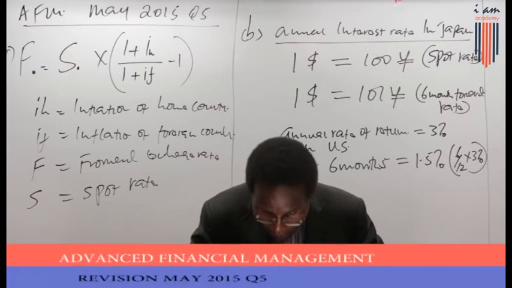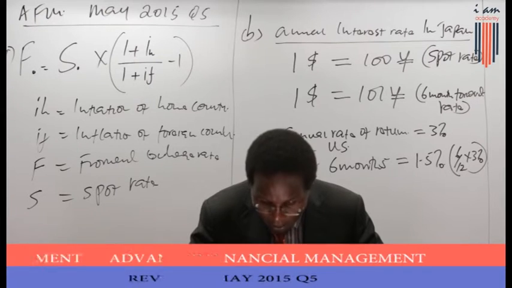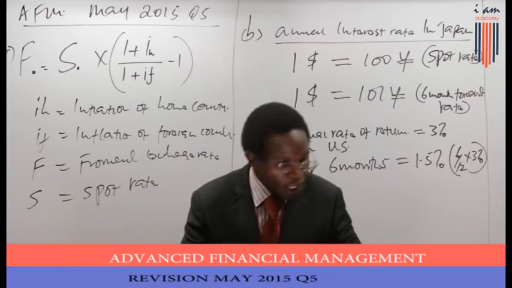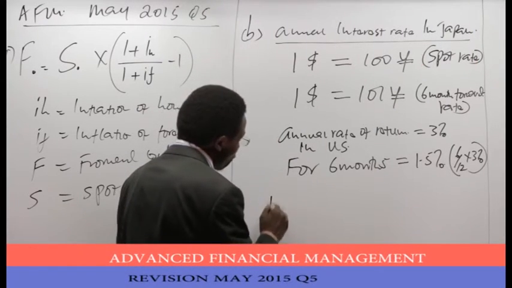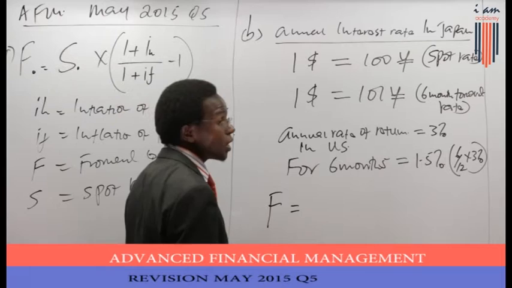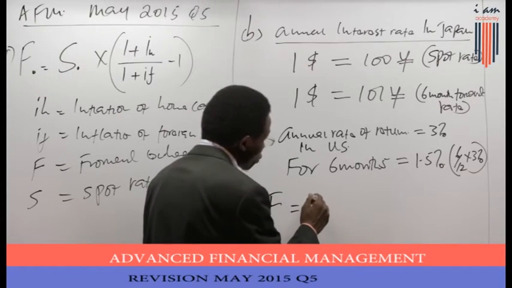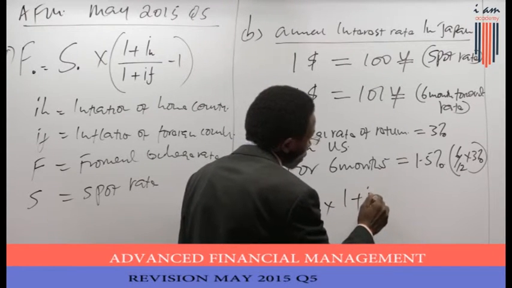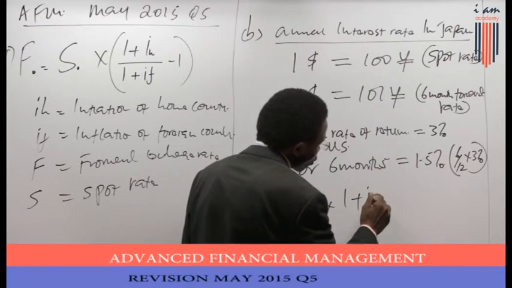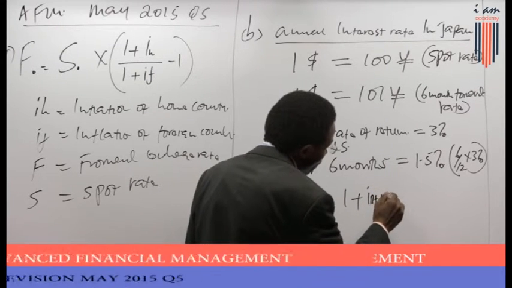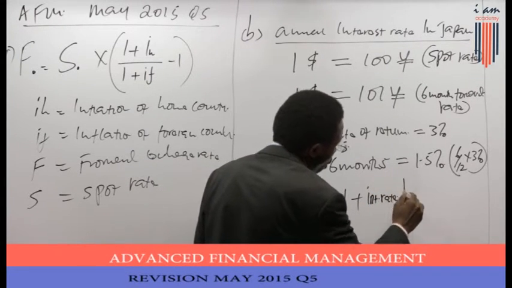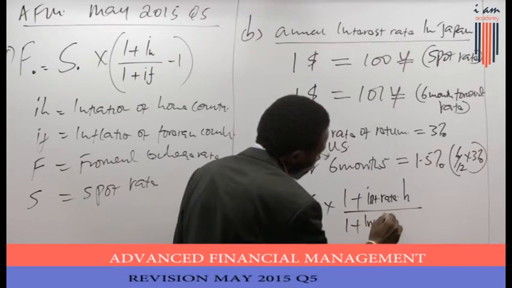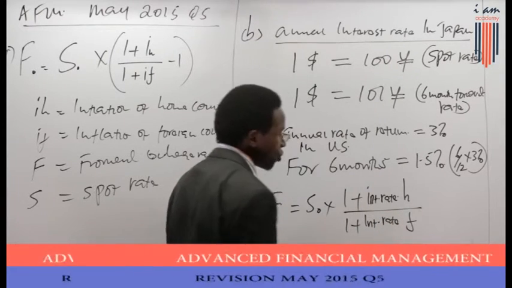Now we have been told to calculate the annual rate of return for similar investments in Japan. What are we going to do? Here we need to remember that when we calculate the forward using interest rate parity, we take the spot, multiply by 1 plus the interest rate of the home country over 1 plus the interest rate of the foreign country.